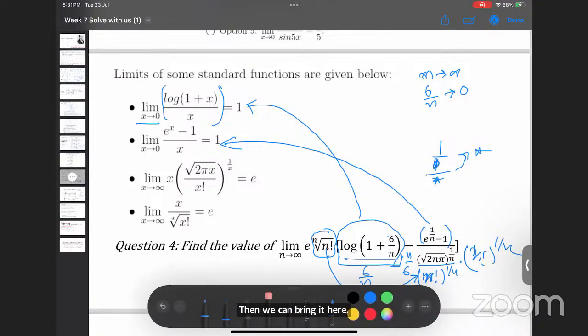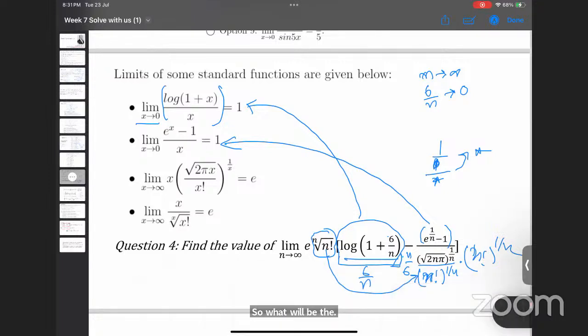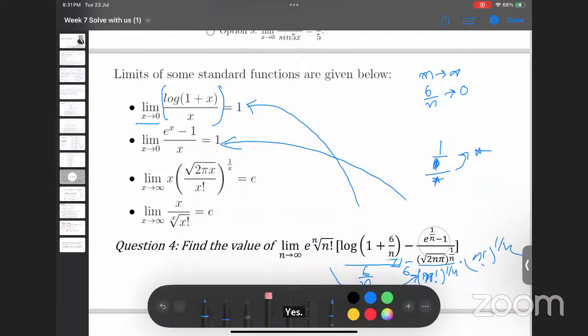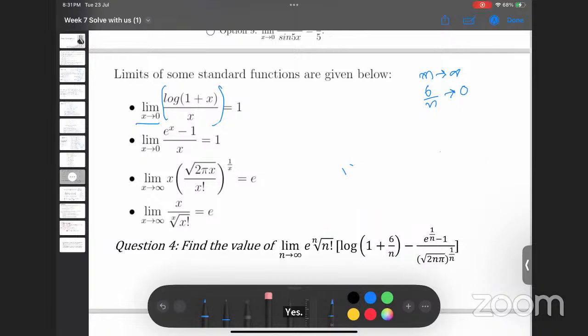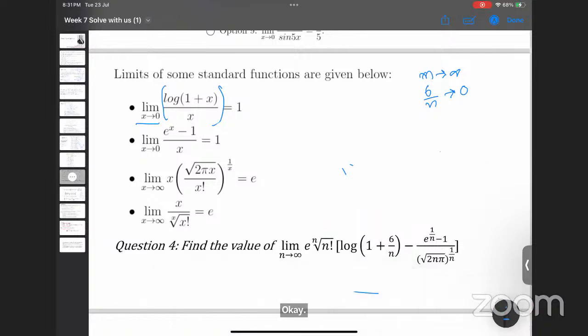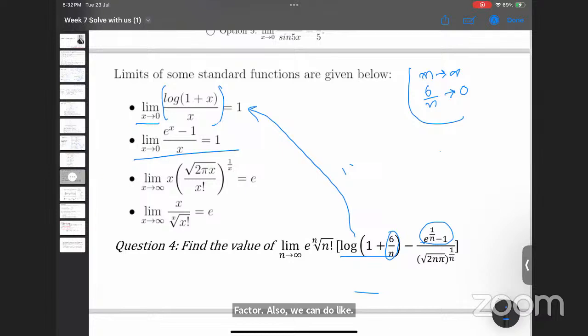Can you explain this once more? Okay. So clearly this form we can take in this pattern, right? Multiplying and dividing by 6 by n because of this factor. This factor also we can translate in this form, right?